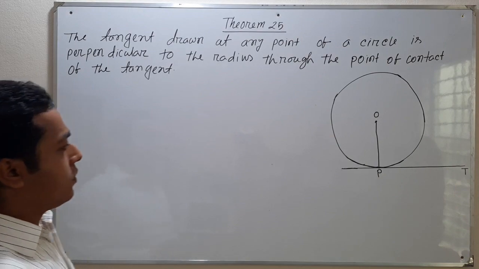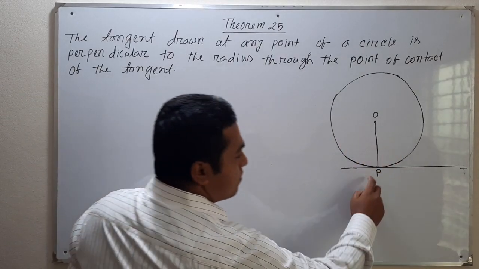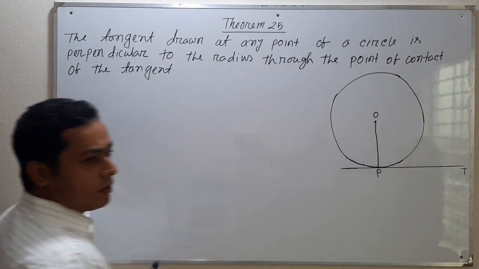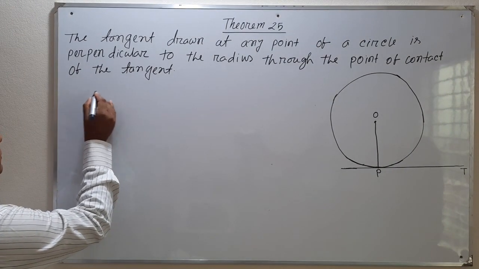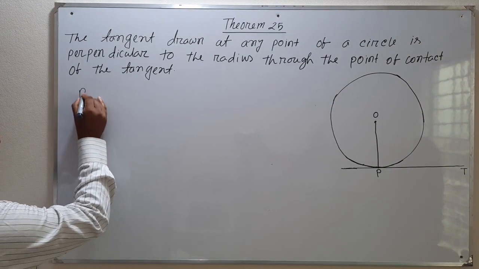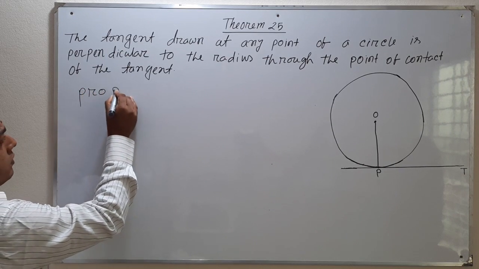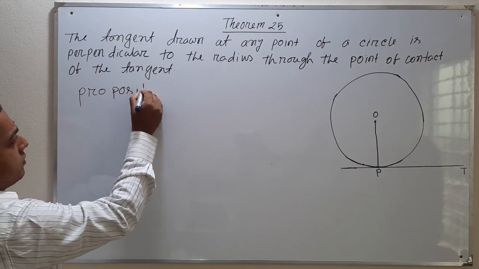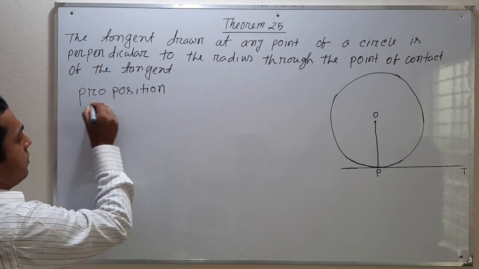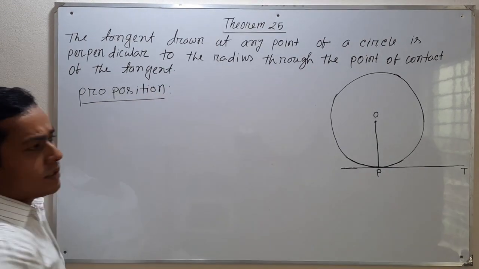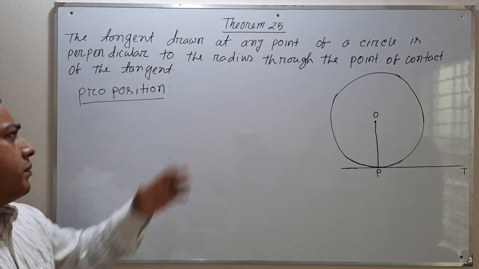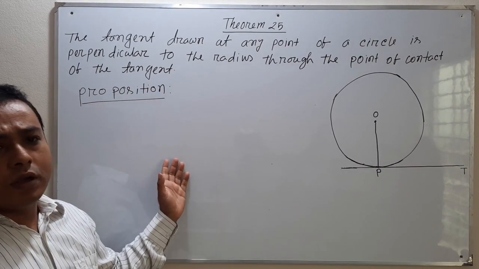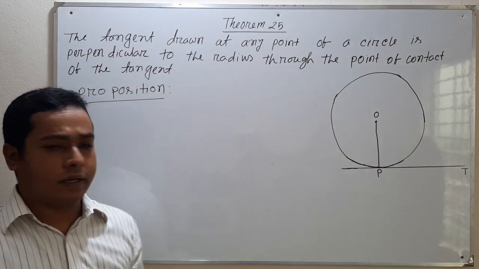Then we have to prove PT is perpendicular to OP. So this is our particular enunciation or proposition. Okay, what is our proposition? You have to explain this statement by this figure.